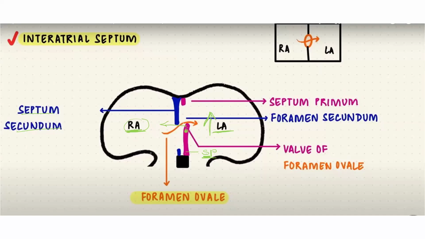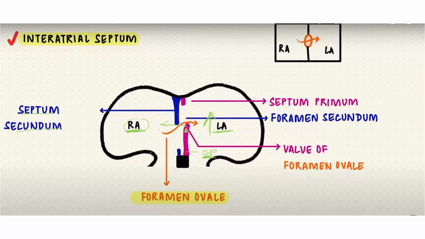It will flap. So it is closed due to high pressures of the left atrium. It's a flap valve which closes during birth. So that is the physiological closure of foramen ovale, which occurs at birth.